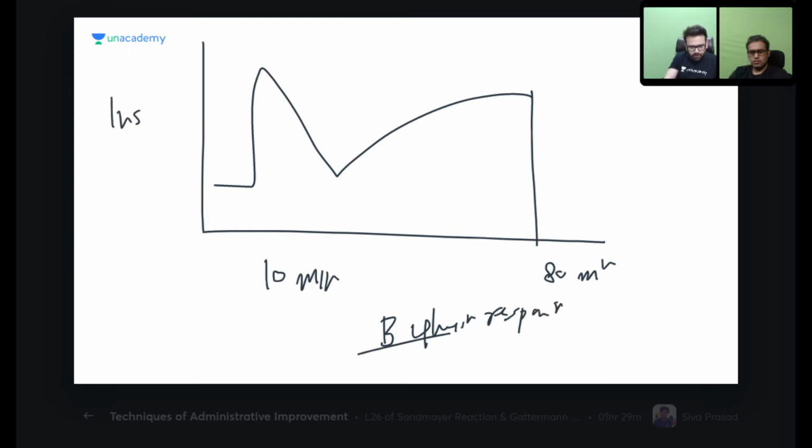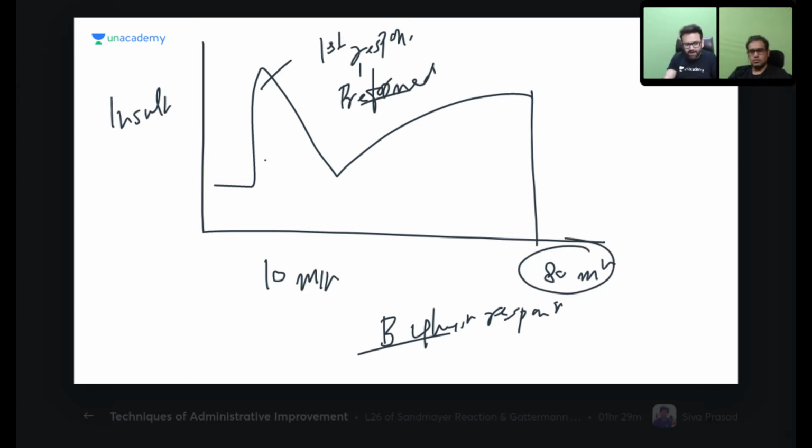If you take food, within 10 minutes the first response will come. Is that preformed or newly formed? Yes, very good, it is preformed insulin, stored insulin. But after taking food, newly formed insulin will be secreted within 80 minutes. This is the newly synthesized insulin. That is called the biphasic response.